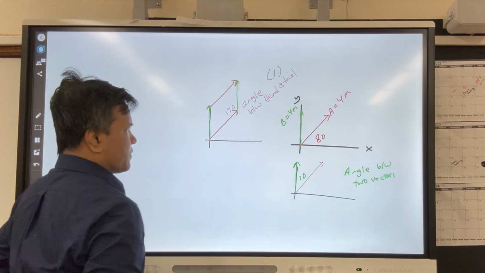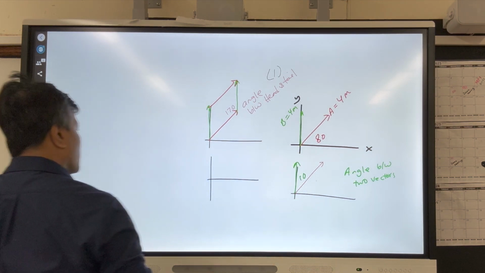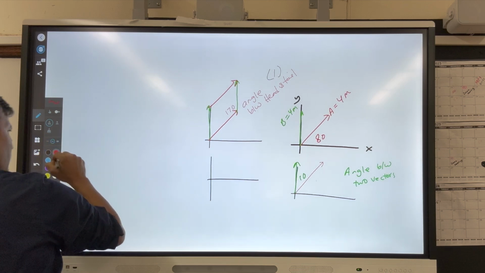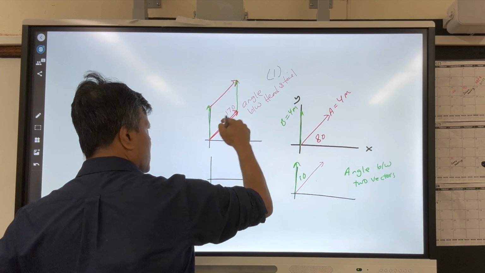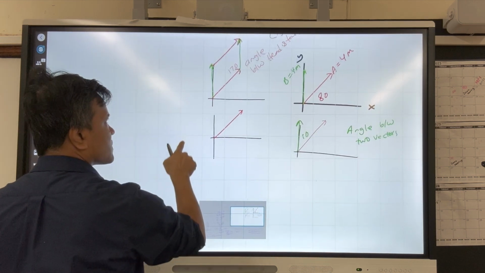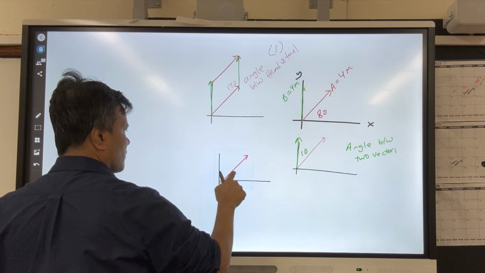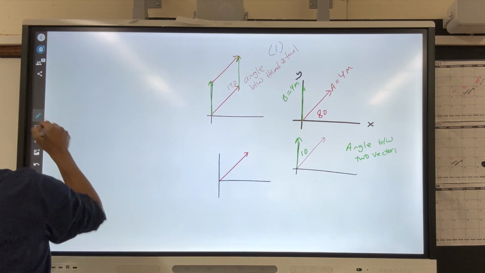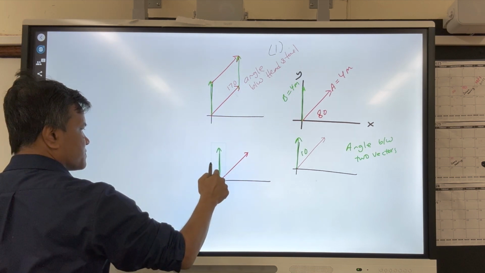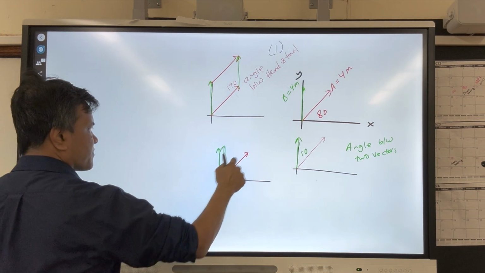Now I'm going to show you the resultant angle. So what does resultant angle mean? Let's draw two vectors, 10 degrees away from each other.